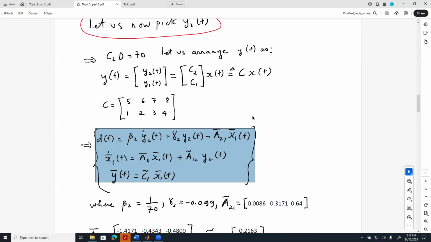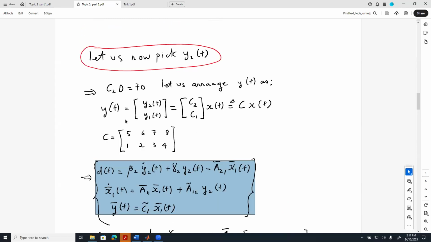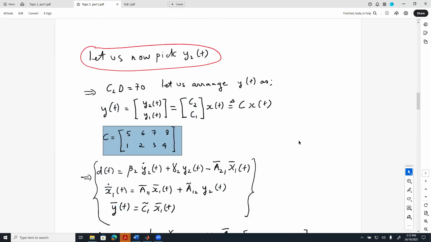And what we do is we're going to rearrange the output measurement vector, and we're going to put the second output into the first entry in here, and then we swap the order of the outputs. And therefore, we get a new matrix C, which is C2 and C1, where we swap the rows. It was row number 2, now it becomes row number 1.